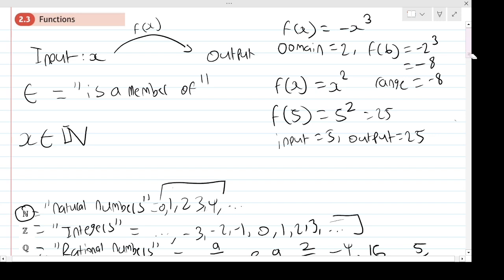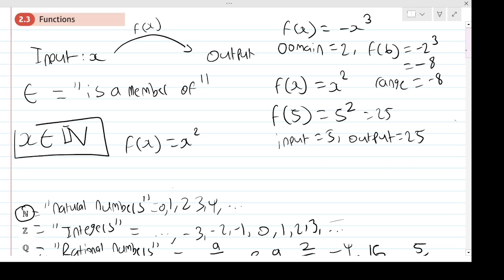Okay. So what this is eventually telling you is we can use this sort of notation to tell us what values of x we're plugging in. So again, for example, if x was a natural number, and we had f of x equals x squared, well, what this is saying is we're only plugging in natural numbers, because x has to be a natural number.